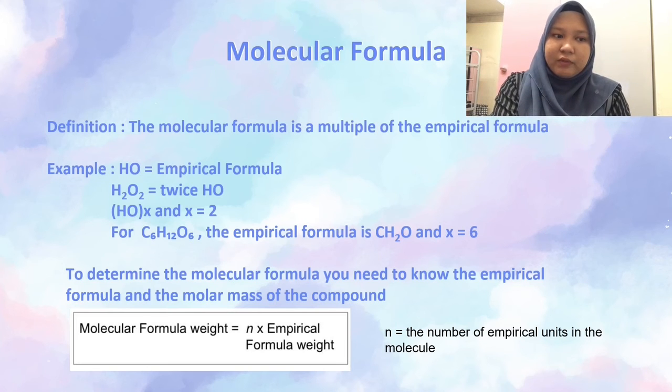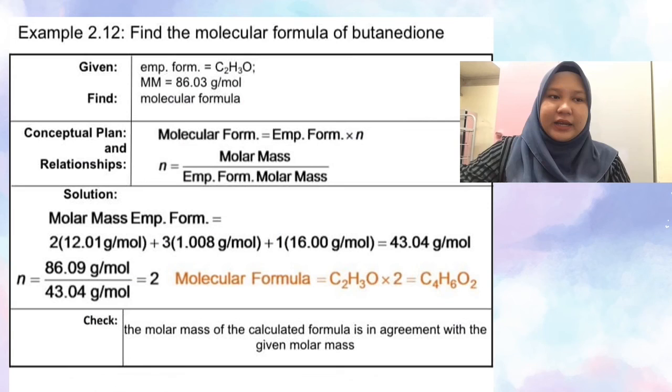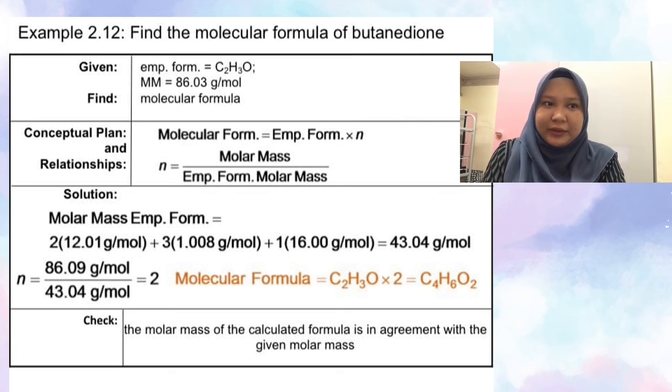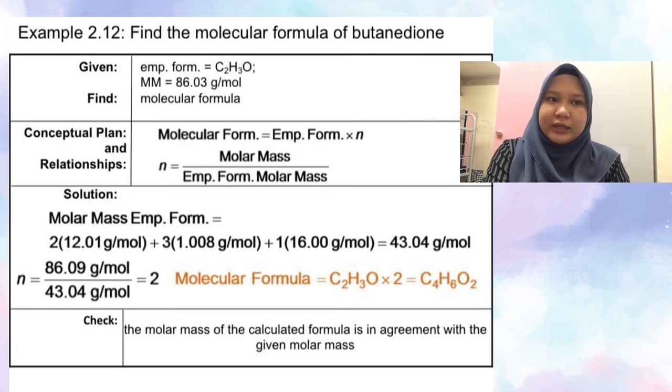Molecular formula weight divided by empirical formula weight equals N. N is the number of empirical units in the molecule. Example 2.12, find the molecular formula of butanedione. Empirical formula: carbon 2, hydrogen 3 and oxygen.